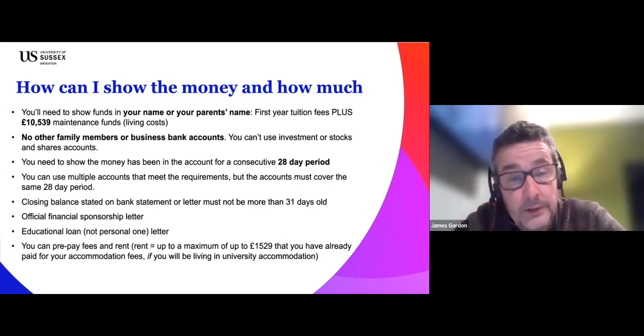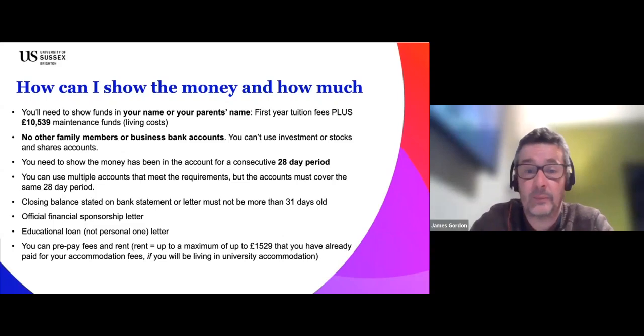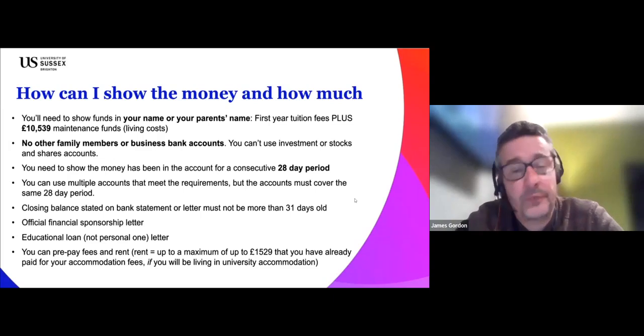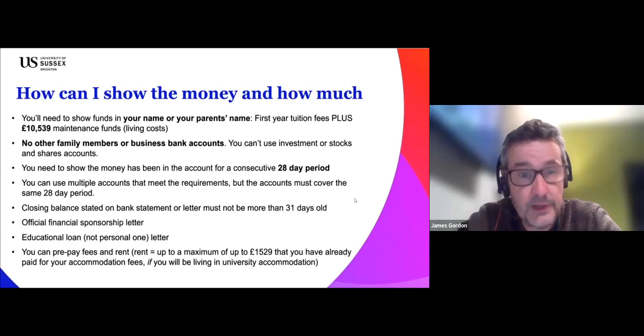And the final way you can meet the financial requirement is by potentially prepaying some of your tuition fees and rent if you're living in university accommodation. So you might remember that on the CAS, it does show details of your tuition fee and any payments that you have made towards it.